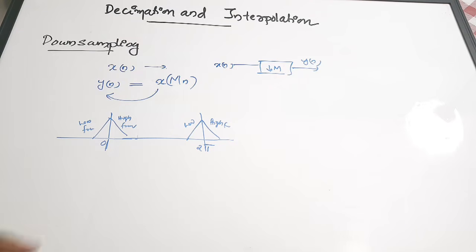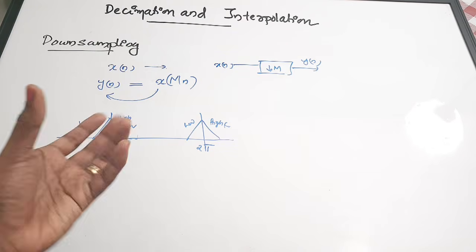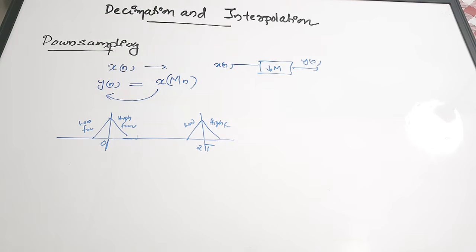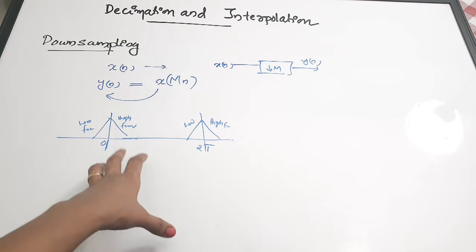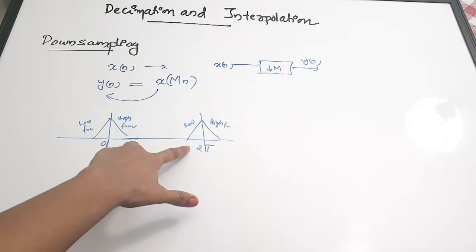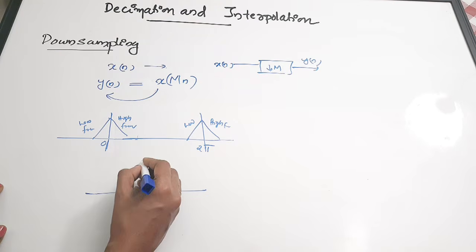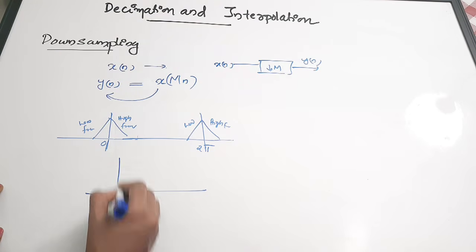So due to downsampling, some of the samples are taken away, and this causes aliasing, or the merging of the higher frequency components with the lower frequency components, and the spectrum of your output will look like this.